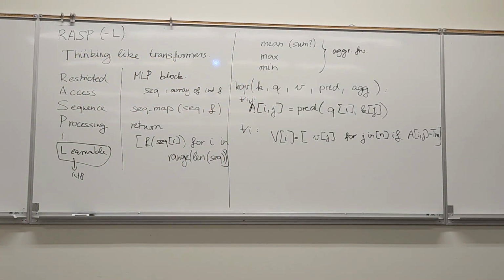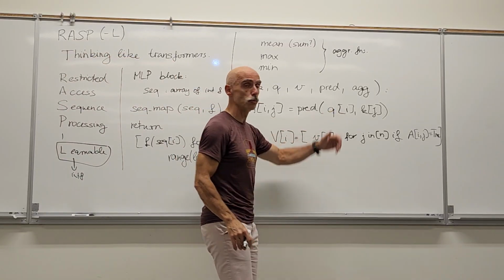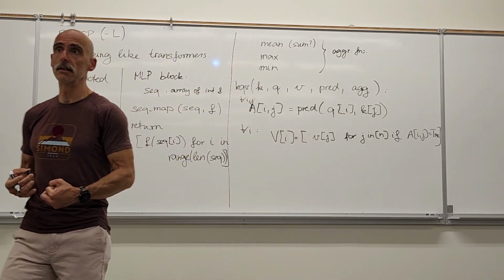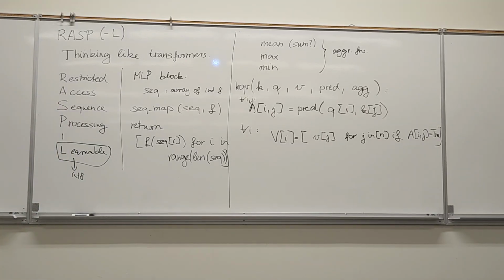So you're picking out from V the values where in the attention you wanted to attend to those positions. So the query was formed for this position i. So position i is seeking information. The keys are formed independently. Yeah. Sorry, what did that say? A_ij is equal to true? Oh, okay. Yeah.